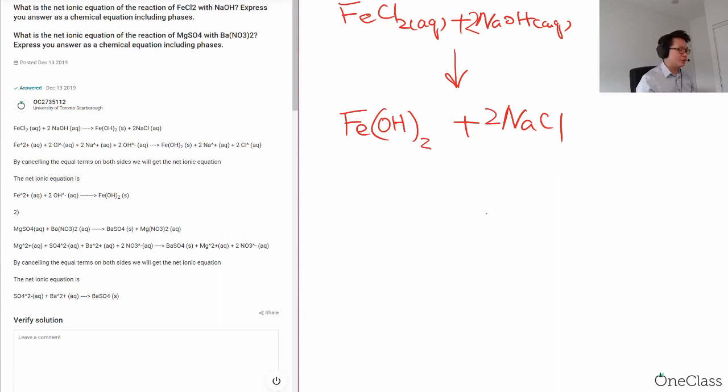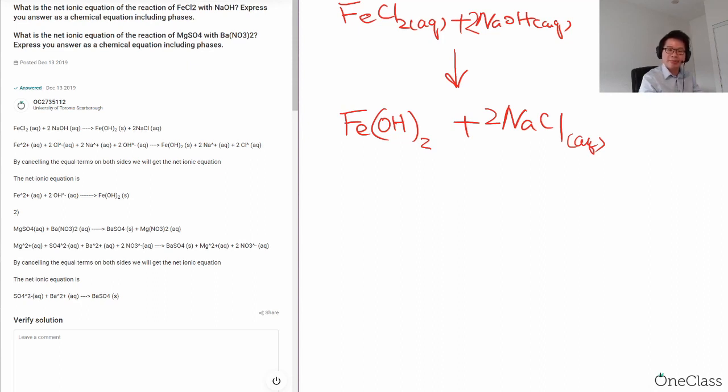For this case we have a double displacement reaction, and we likely have a precipitation reaction. So we go back to our solubility table. We should be able to conclude that our sodium chloride must be aqueous, because when sodium ion and chloride ion form, chloride salts are highly soluble in water.